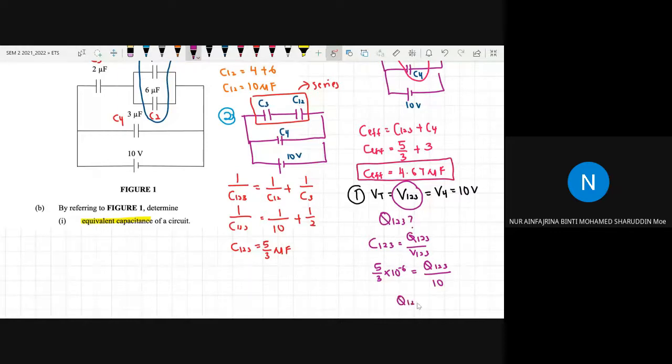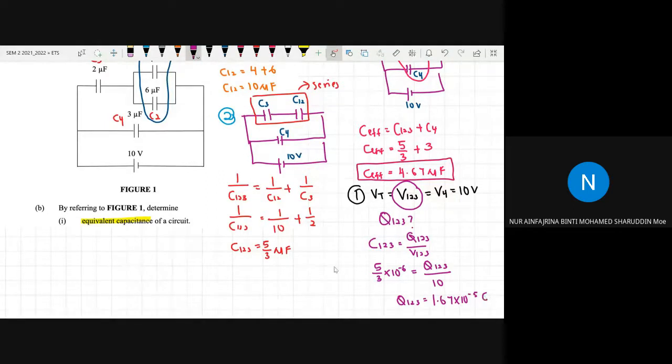So you all press the calculator. What will you get? Okay, let Miss press the calculator. 1.67 times 10 to the power of negative 5. Okay, thank you. So you will get the unit Coulomb, not Farad.